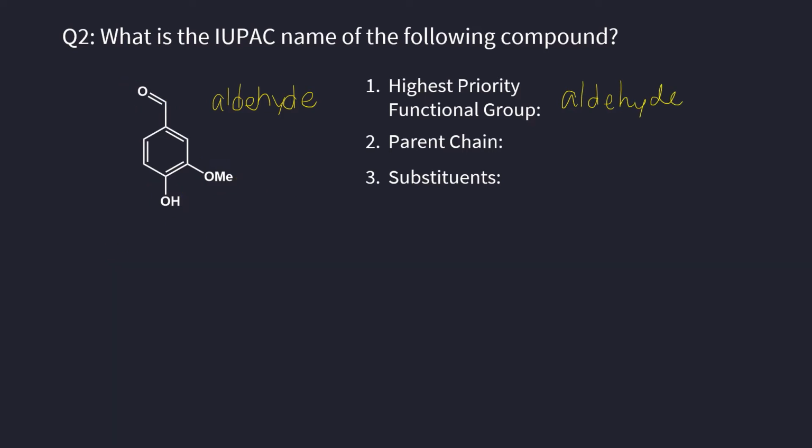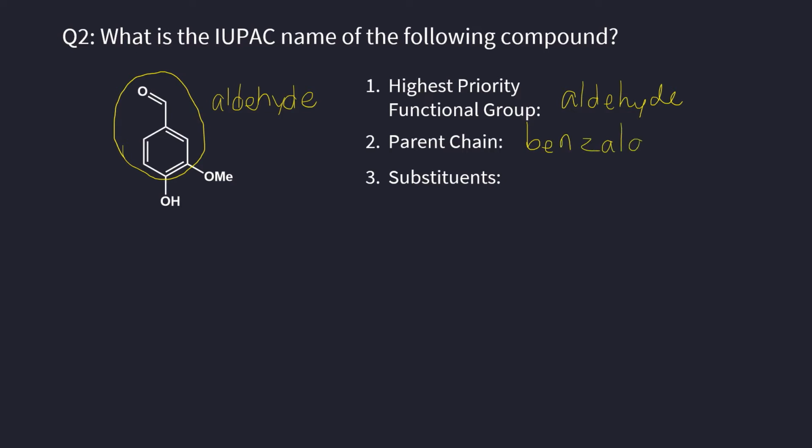To assign the parent chain, let's look at the name of the benzene ring with the aldehyde attached to it. Usually, these monosubstituted benzene rings have common names retained by the IUPAC. This molecule, without any of the substituents, is called benzaldehyde.